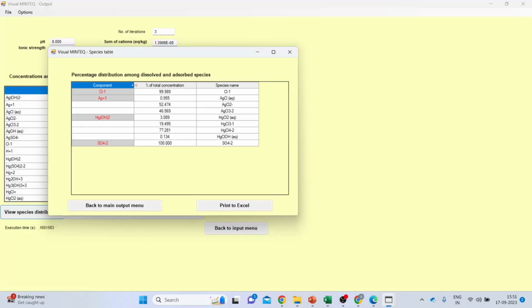So here we can see that almost 99.99% of chloride is in the form of Cl minus, and Ag plus is 0.9%, and other complexes we do not have to worry about, because we do not want the silver as free.